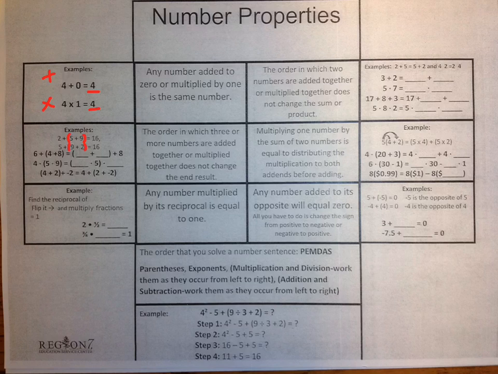So the bottom two, 6 plus 4 plus 8 is the same thing as saying, hold on, let me make sure I do it right. Yeah. 6 plus 4 plus 8, because now we would add 6 plus 4 first instead of 4 plus 8 first. Okay, below that is 4 times 5 times 9.